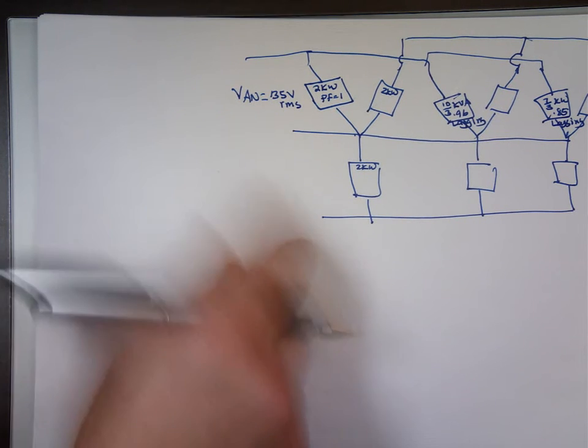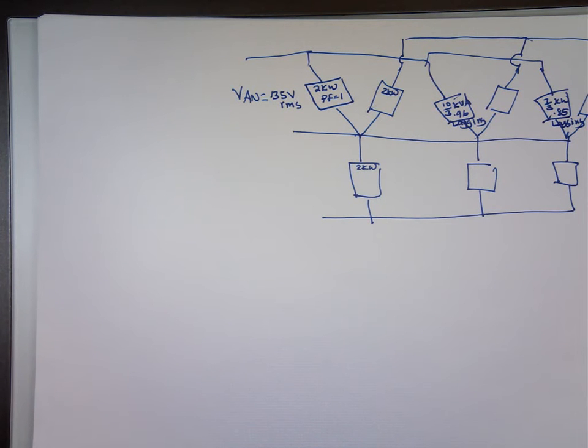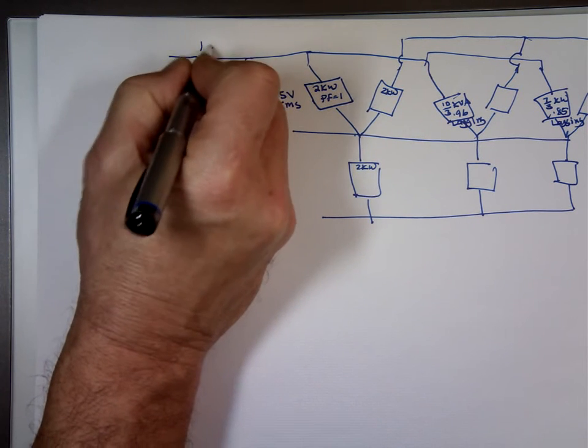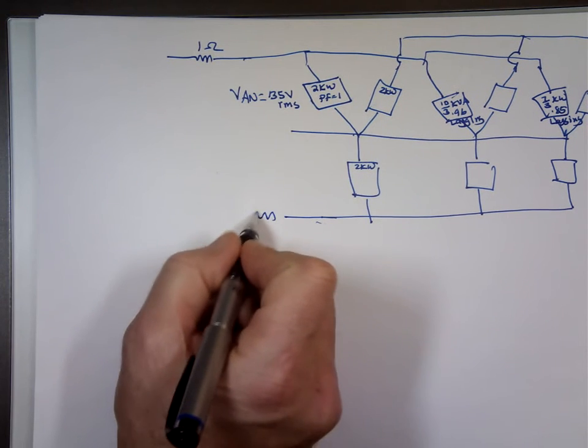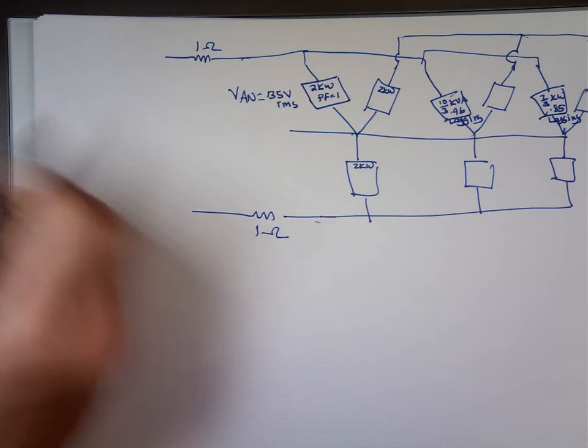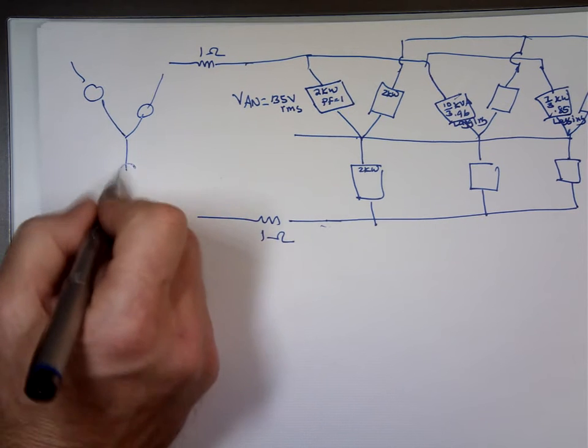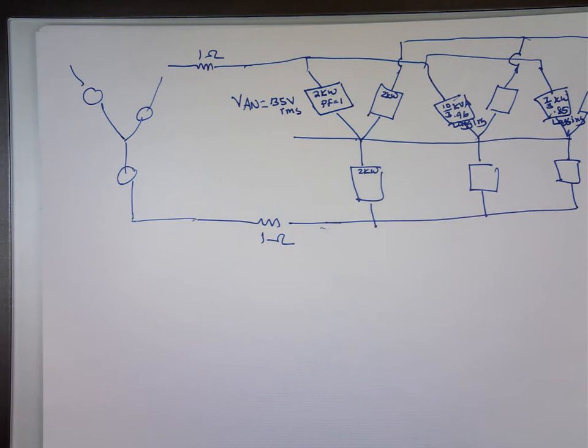Now each one of these lines has a resistance of what? 1 ohm. I'm not going to draw all the lines there. And now we've got the source here. I thought it was 1 ohm on the neutral and 0.1 on the line. Is it? On A, each line has a resistance of 0.1.